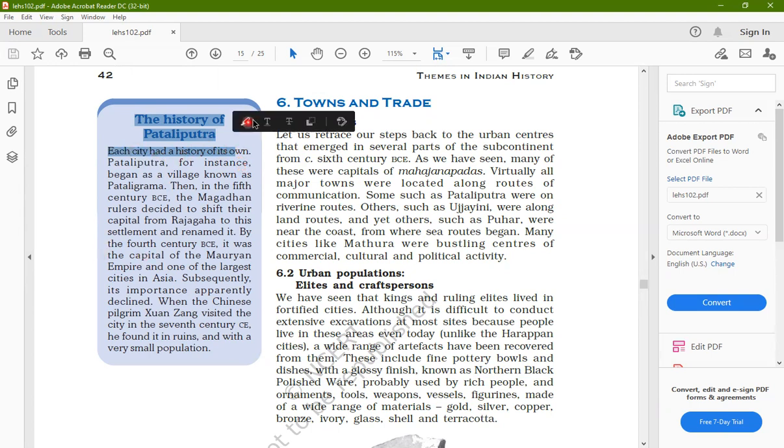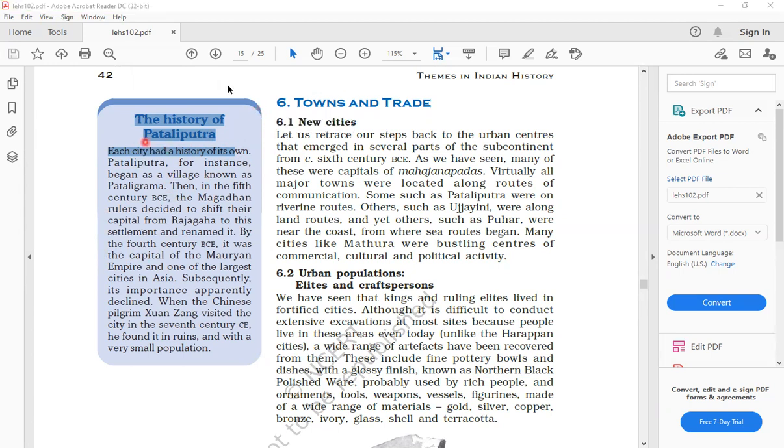Then, if we see the important points in this particular source, we have that in the 5th century BCE, the Magadhan rulers decided to shift their capital from Rajagaha and renamed it.